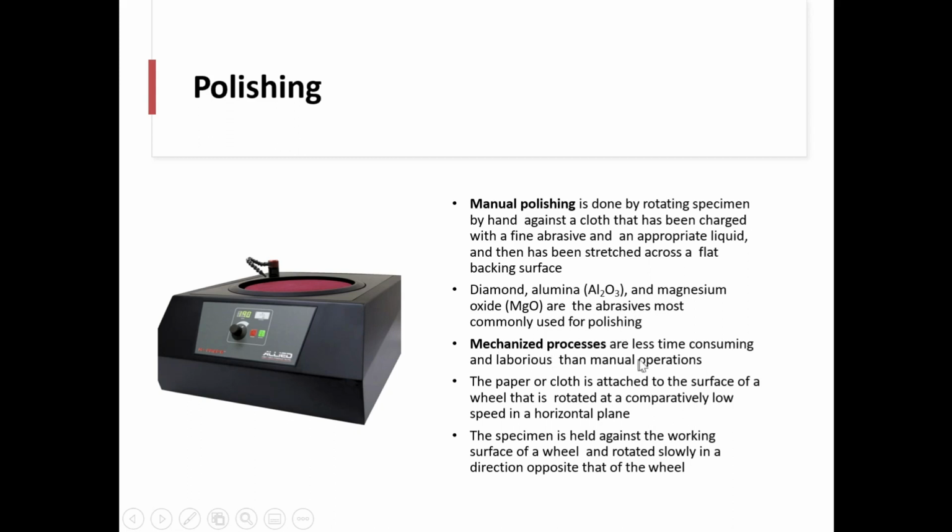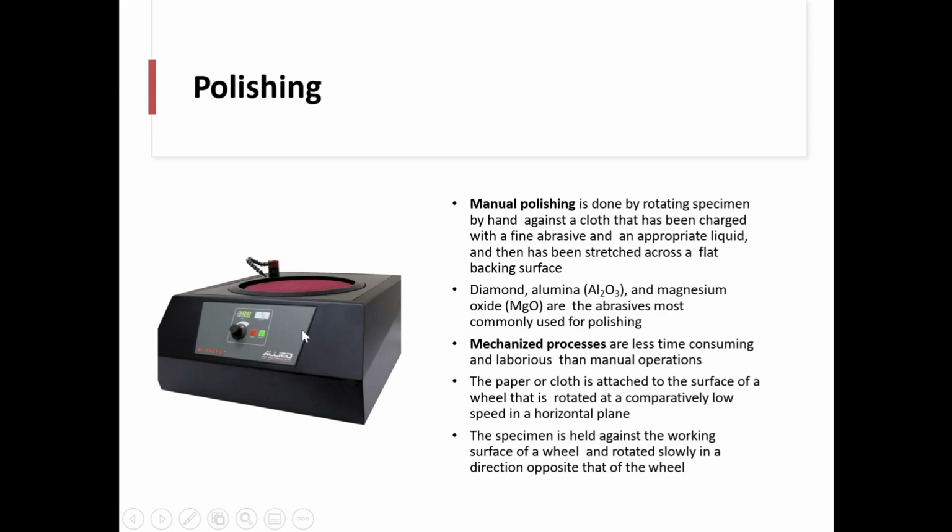In the mechanized process, less time is consumed during the polishing. Here, a disc is located over the motor and is rotated at a low speed in a horizontal plane. Then the specimen is held against the working surface of the wheel and is rotated slowly in the direction opposite to that of the wheel.